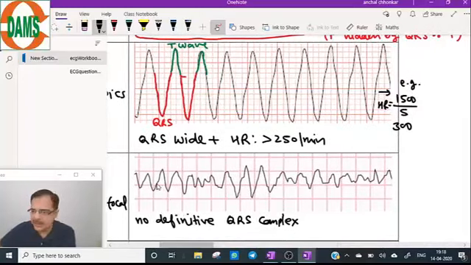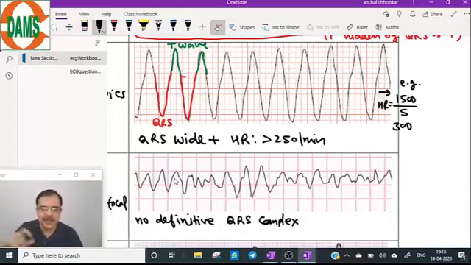The ECG will show randomly coming electrical activity, with no discrete QRS complex. And this ECG means the ventricle is not effectively contracting. There is no effective ventricle contraction here.